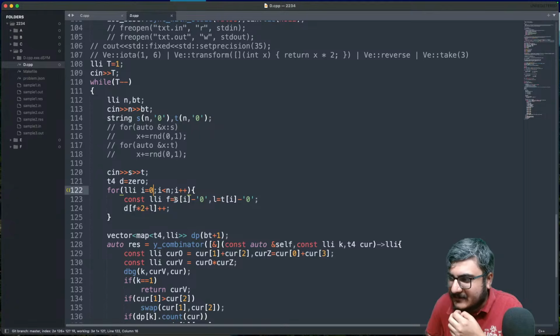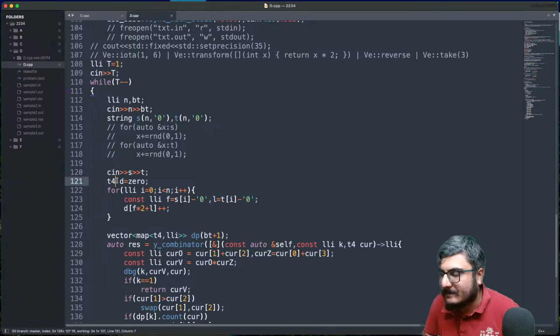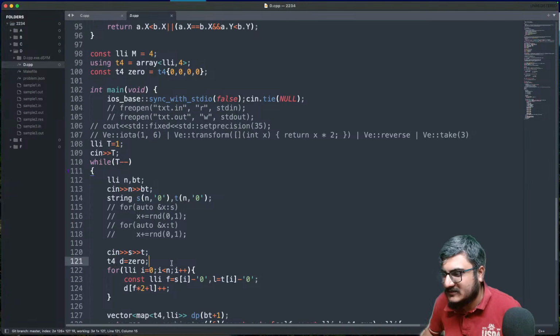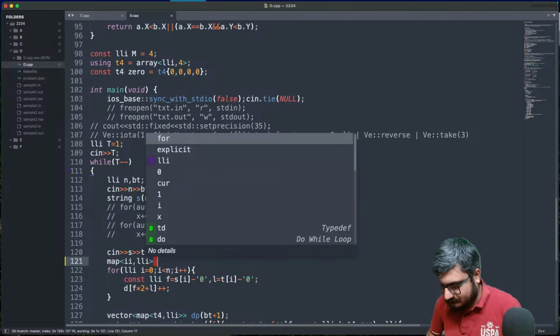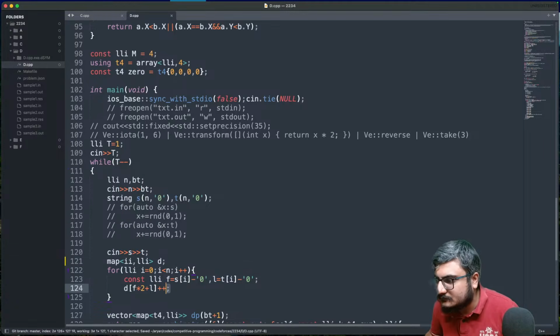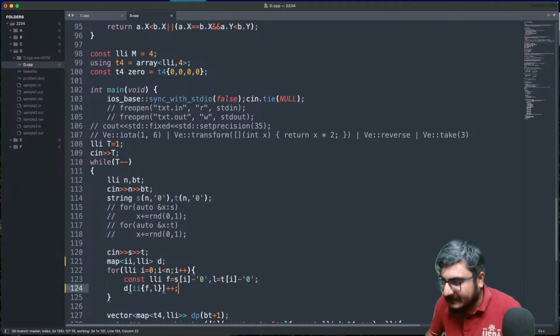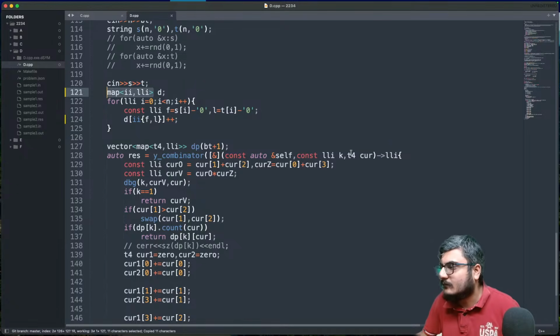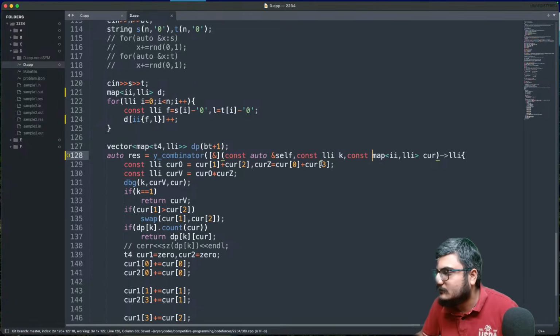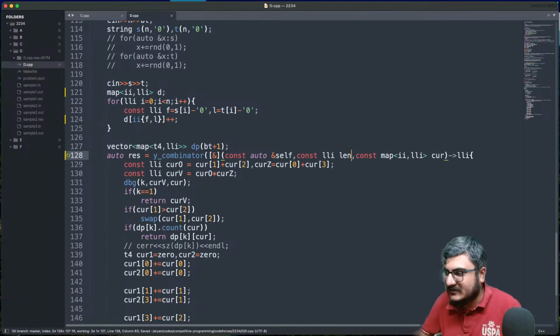Then look at the first and last number. How many 0, how many ones exist? Or you can possibly put it in a map. That's even easier. Now I have this map. And this is the difference of the numbers.